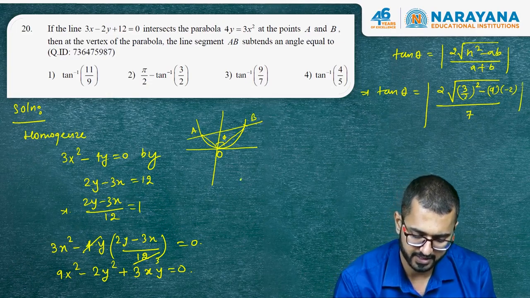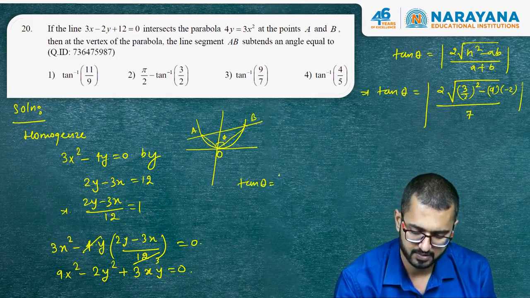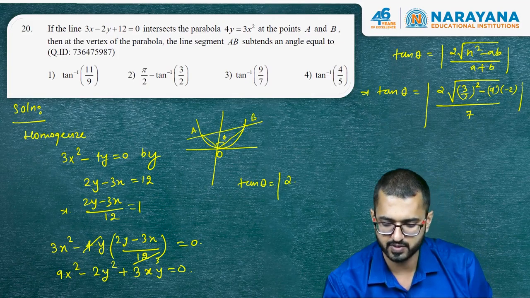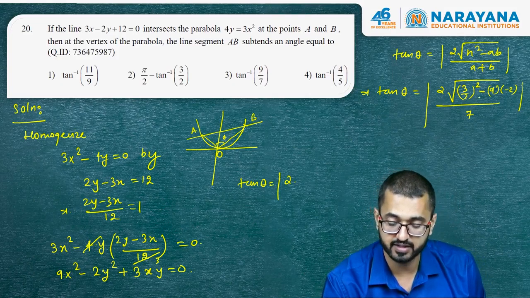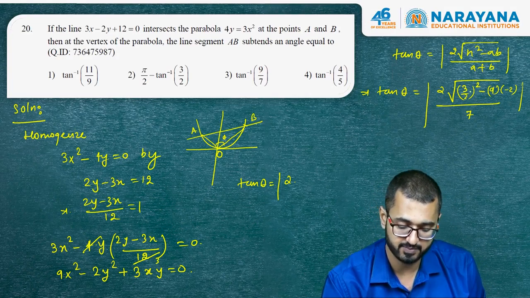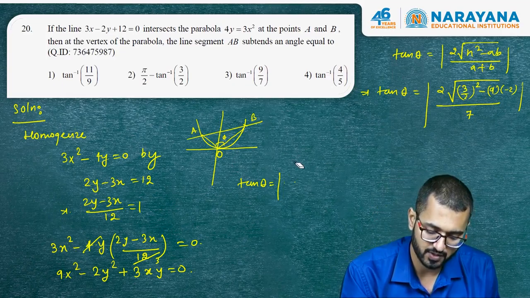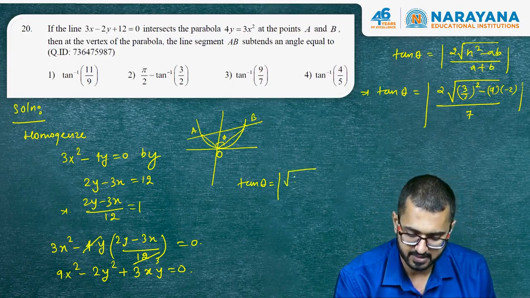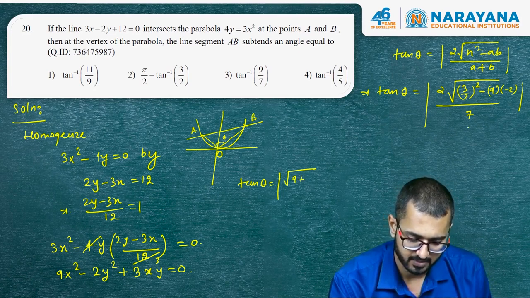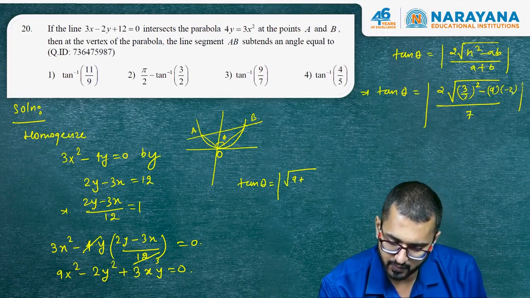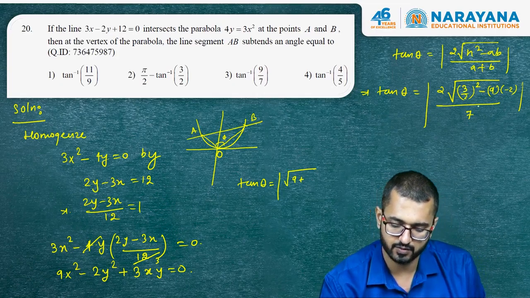So from here I'll be getting tan theta is equal to 2 times, this 2 will actually get cancelled because in the second multiplication we have 2 square in the denominator. So this 2 is gone. So we can simply write square root of 9 plus, no, this becomes 9 into 4, 9 into 2, 18 into 4, 72.